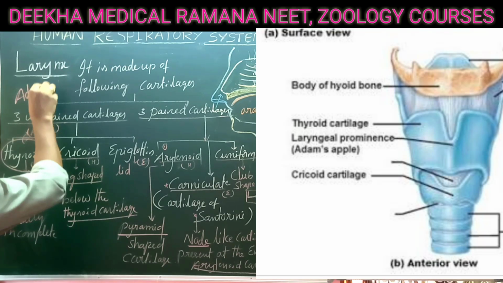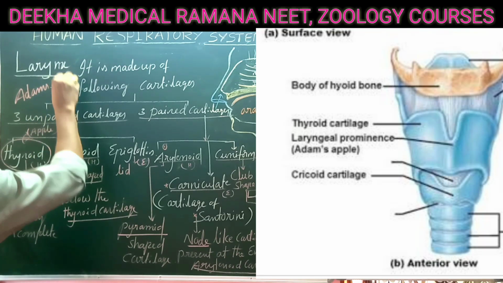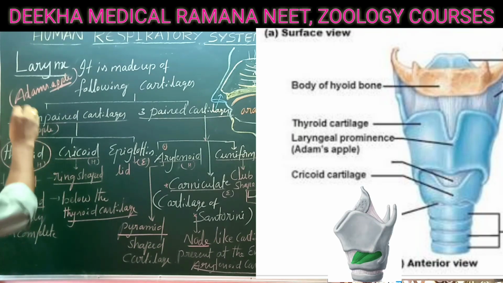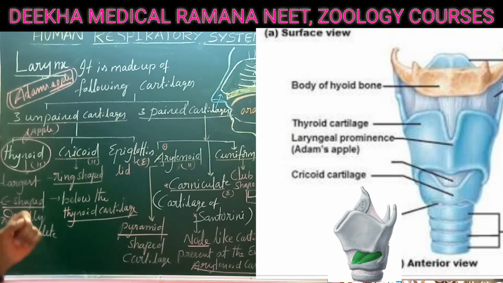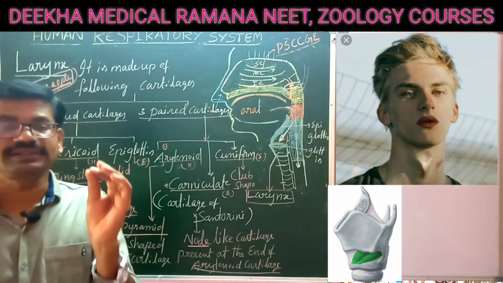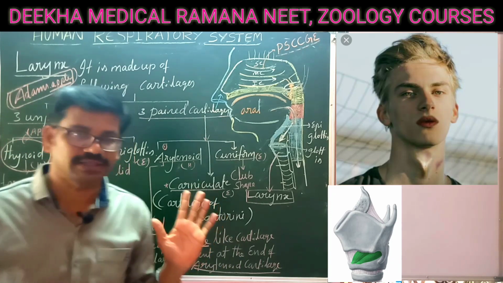Very important, Adam's apple. It looks like an apple, that's why the shape of the thyroid cartilage is called apple shape. This Adam's apple is present in both male and female, but in the male it is conspicuous, that is, we can see it very clearly. I hope you understand, right?